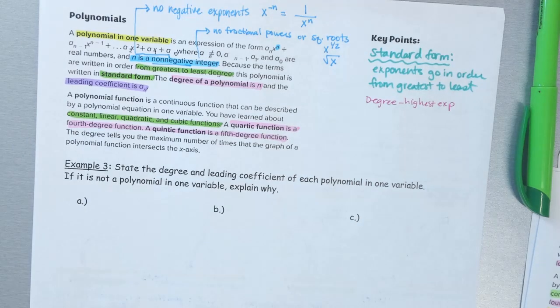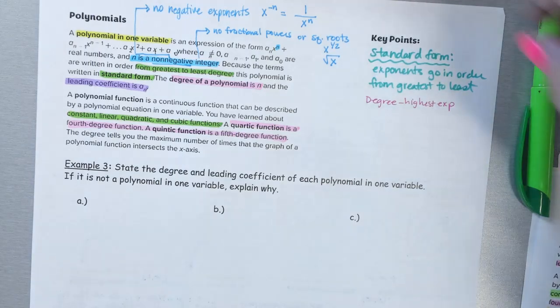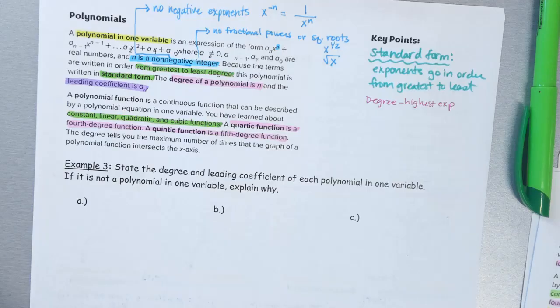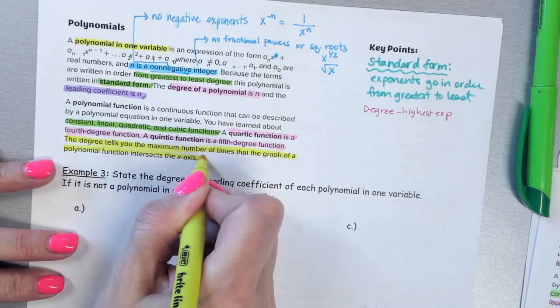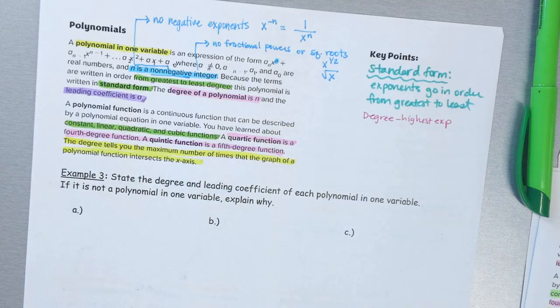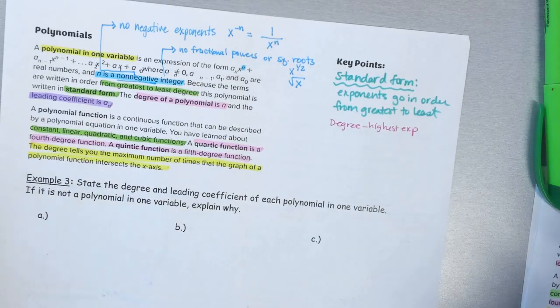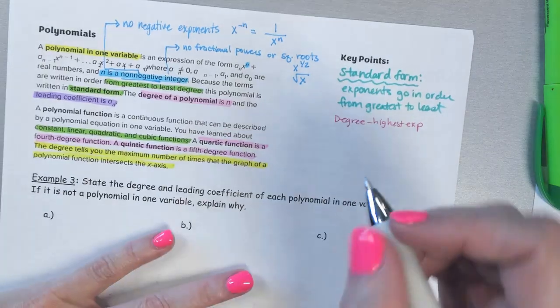Okay, and then this last thing is something we're going to write down. It says the degree tells you the maximum number of times that the graph intersects the x-axis. So that's going to be related to your x-intercepts.